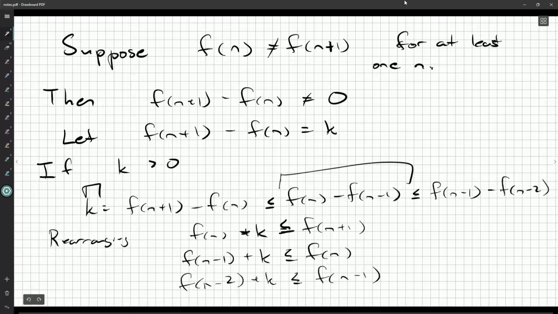Okay? So I can always see, since k is positive, I can say, all right, then f of n minus 1 is, actually, it's got to be less than, right? Well, no. So here's what I'm going to say.